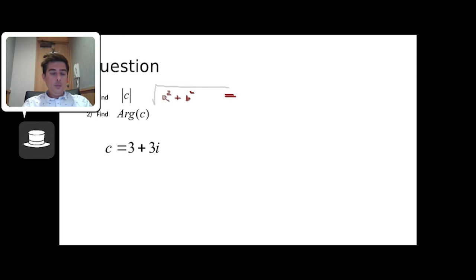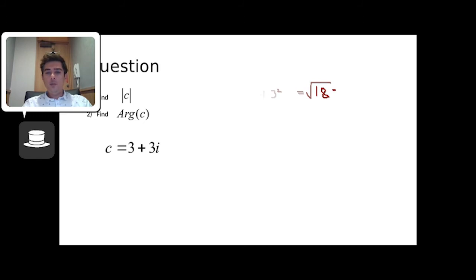For this particular example, the real and imaginary parts are both equal to 3. So all we have to do is 3 squared plus 3 squared, which is 9 plus 9, which is 18.